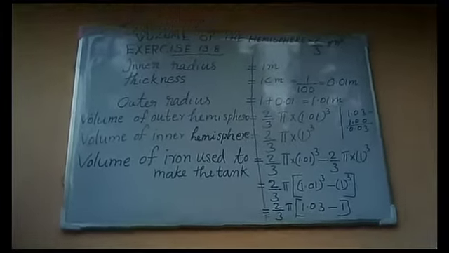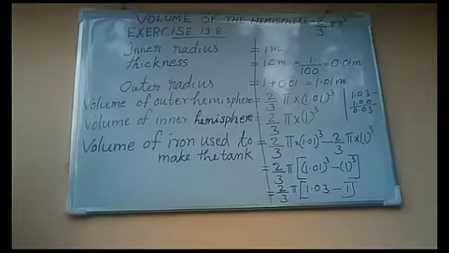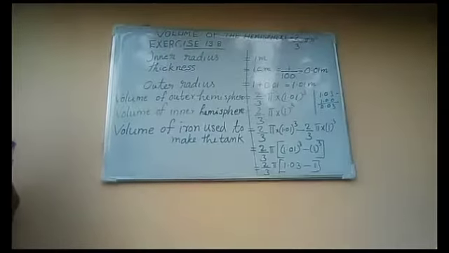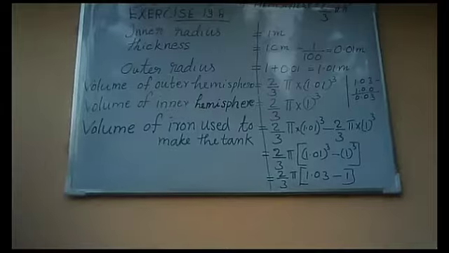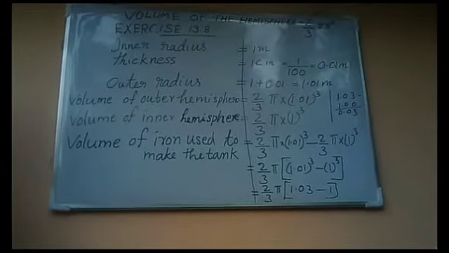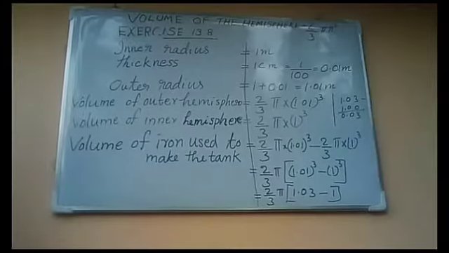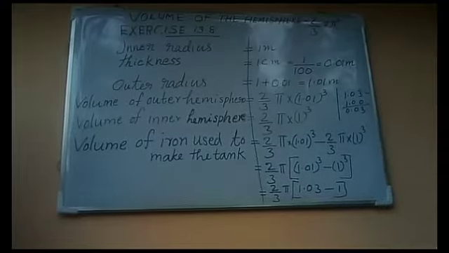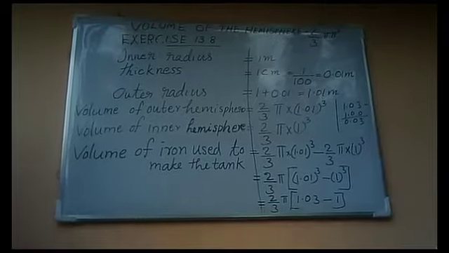That is 1 plus 0.01 is equal to 1.01 meter. So you can find the volume of the outer hemisphere and the volume of the inner hemisphere. When we subtract those two answers, we'll get the volume of iron used to make the tank.